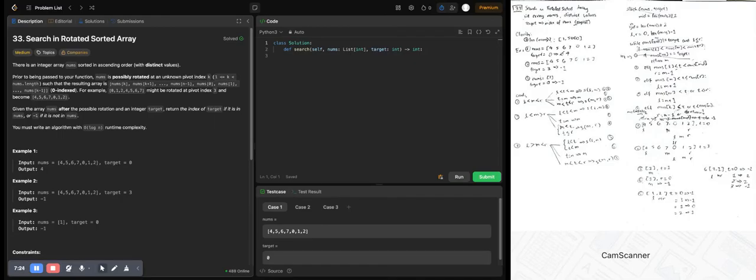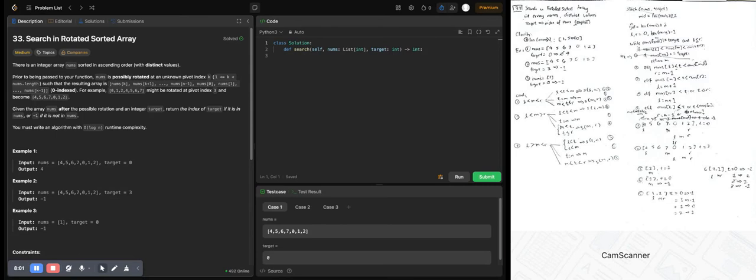Okay, I think it's time to look at some examples first. For example, here we have nums equals 4, 5, 6, 7, 0, 1, 2 and the target is 0. So here we return 0. Is that right? No, the output is 4.